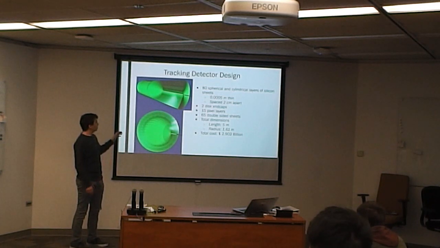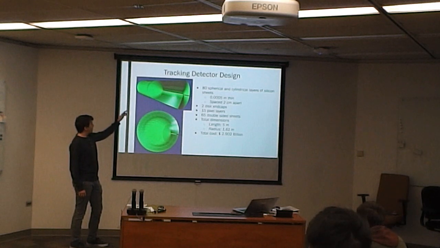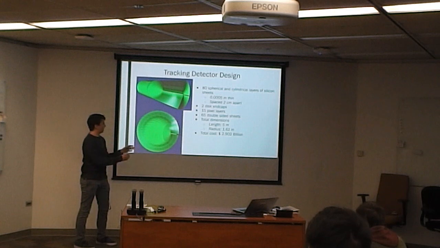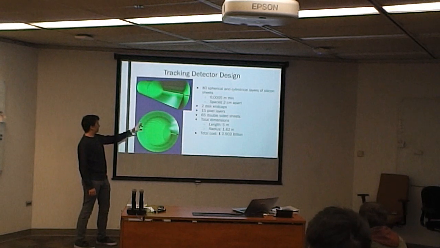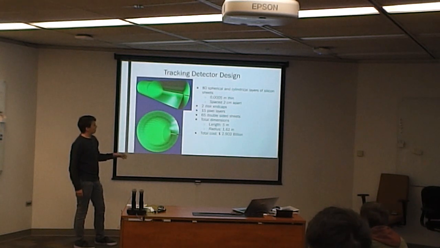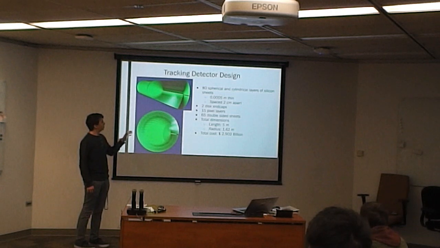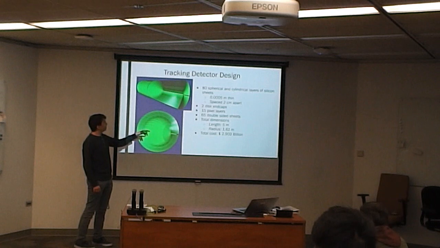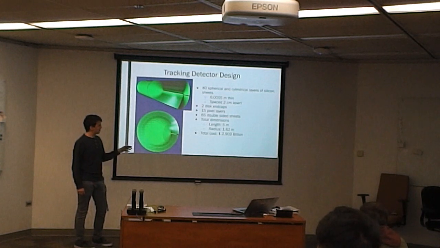It's 5 meters long. So each of these silicon layers are staggered as it goes along the sphere, so they match up, but then they're staggered. So the ones in the middle are shorter than the ones on the end. But the cylinder sheets are all double-sided.